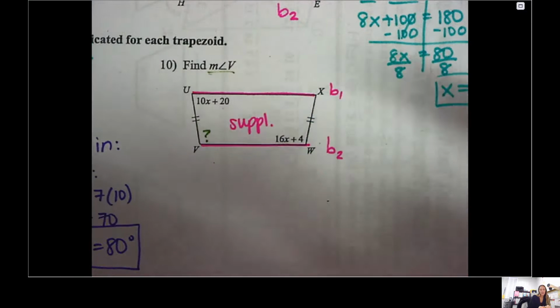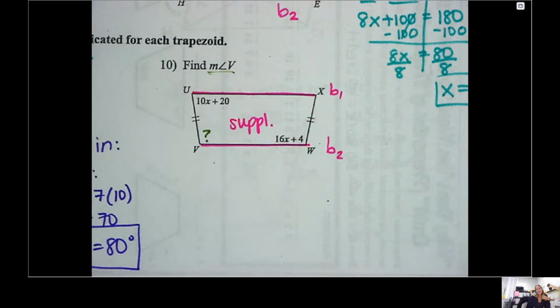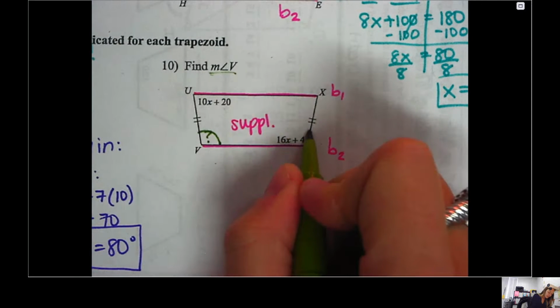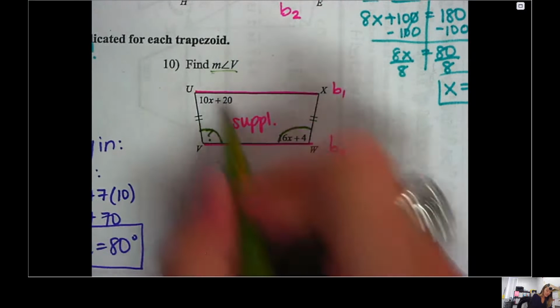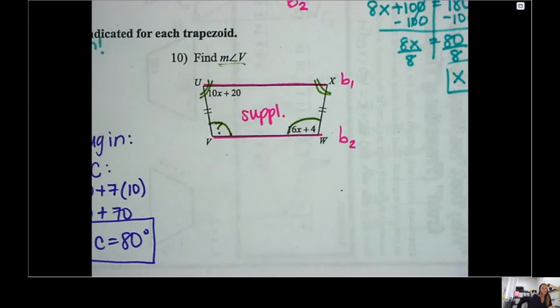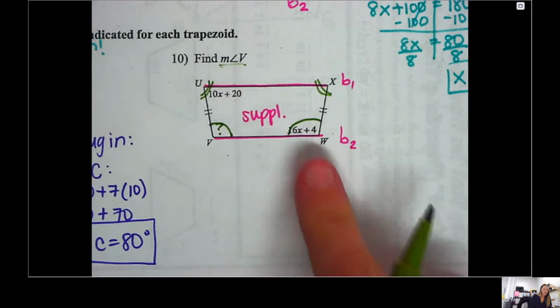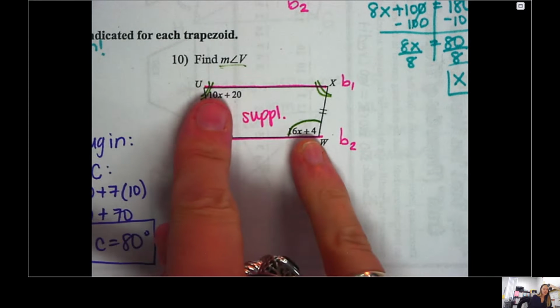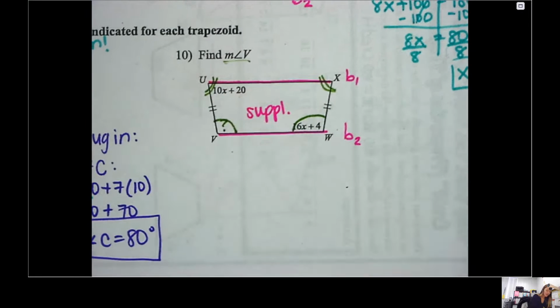However, here's what I do know. I know angles on the same base are congruent. So in other words, angle V and angle W should be the same. Angle U and angle X are also the same. So if I figure out angle W, I'll figure out angle V. Now, I know these two are supplementary, which means I'm going to add them up to be 180 degrees.